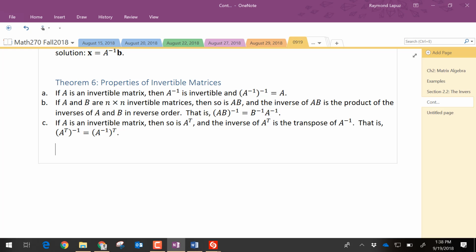The second one? No, it's totally different from the transpose, but they happen to have the same property. Yeah. And then the last one, the inverse of a transpose is a transpose of the inverse. So you can take those two operations kind of interchangeably.